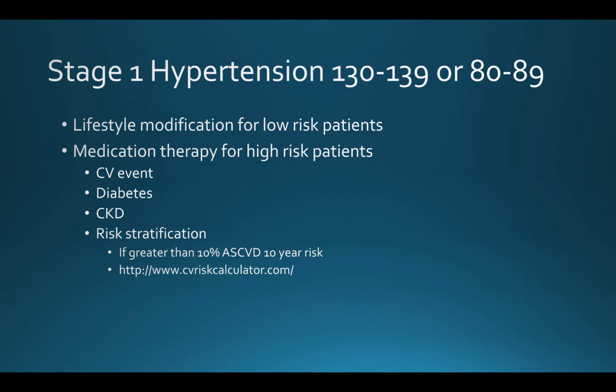These should be treated to a more aggressive goal, probably in the 120s or less. And again, they've kind of factored in that risk stratification. They say if patients have greater than 10% ASCVD 10-year risk, then we should be more aggressive with their blood pressure lowering therapy.